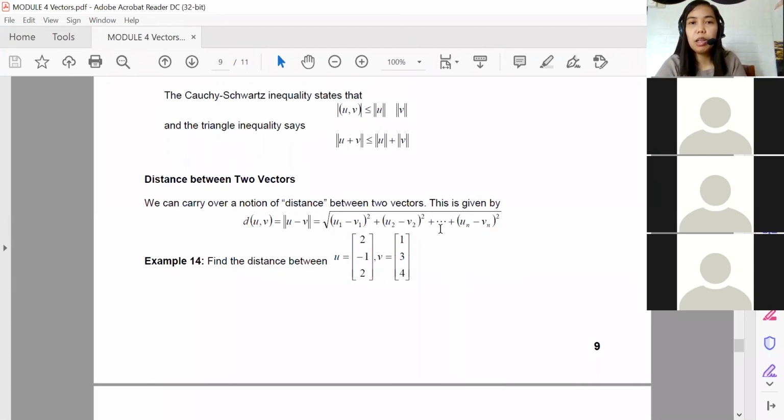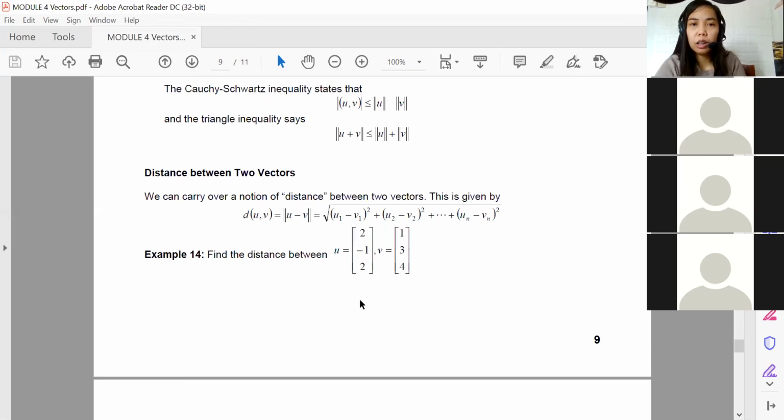This is the distance formula, right? So find the distance between vector U and V. This is in R3.